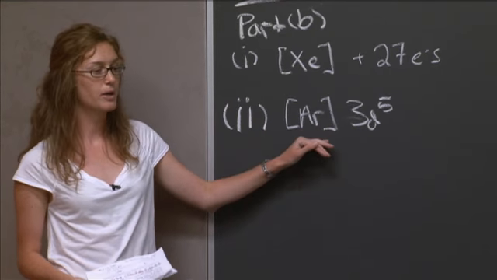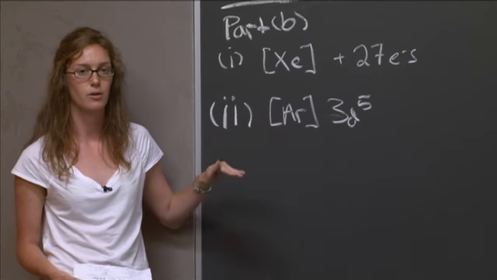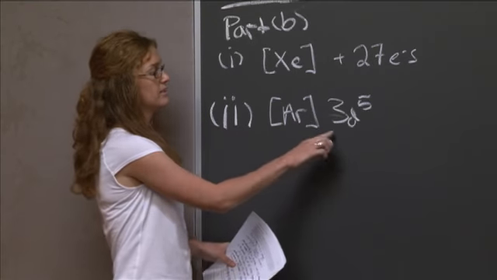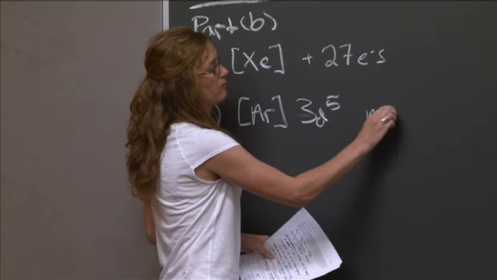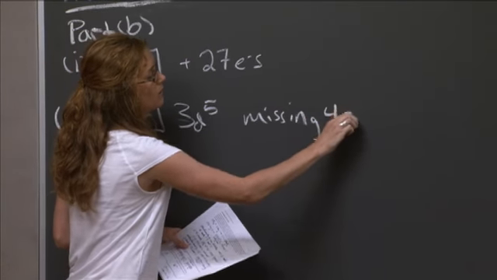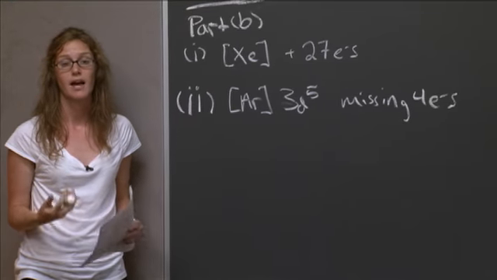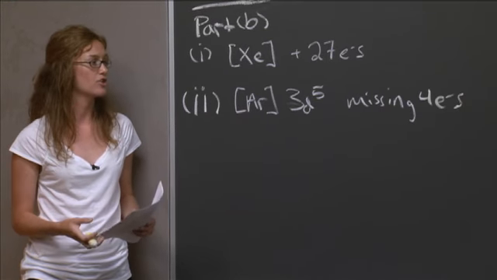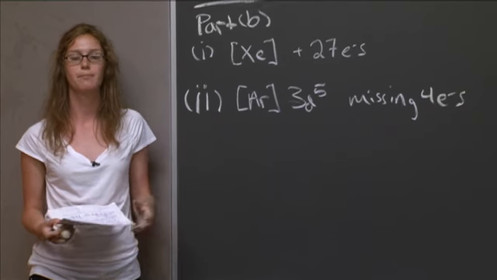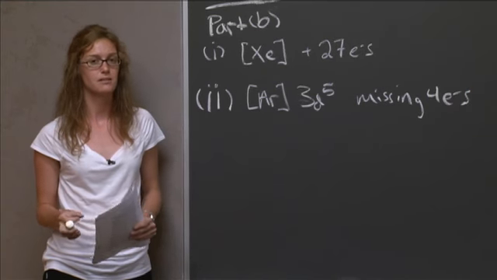So again, we go to the periodic table and we see where argon is, and then we go to the next row. The way I like to think about this is the electron configuration is missing 4 electrons. To find the element that has this charge, I'm just going to add back in the electrons, go to that position in the periodic table, and that is my elemental species.